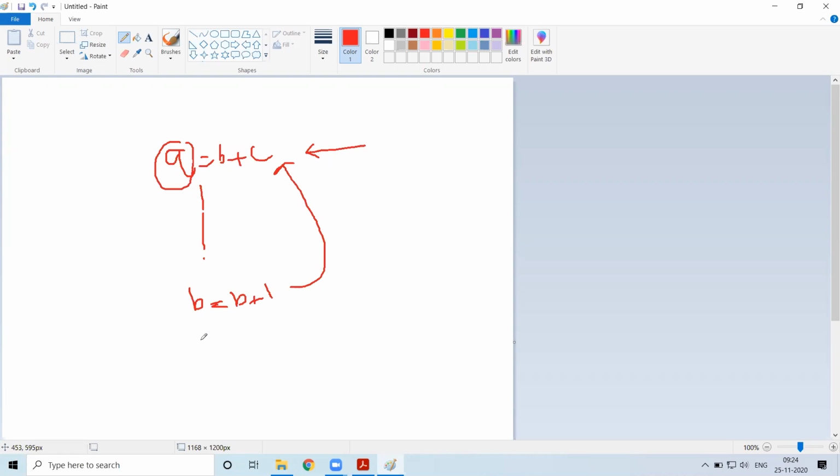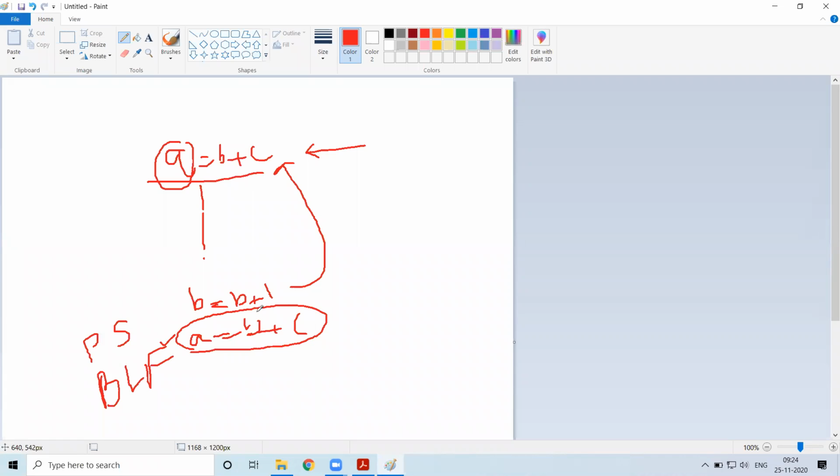To update it, you should have another assignment statement, such as A is equal to B plus C again. Then only will A be updated. This happens in procedural assignments at the behavioral level of modeling. Whereas in the other case, if only one statement was present and there was any change in these variables, then the variable was updated.